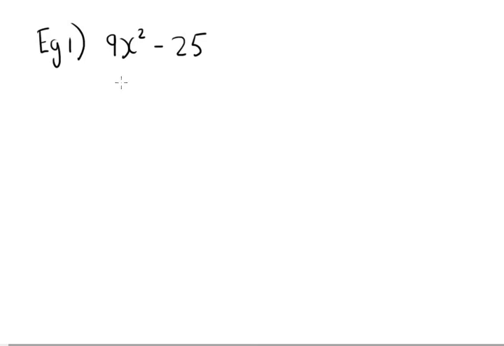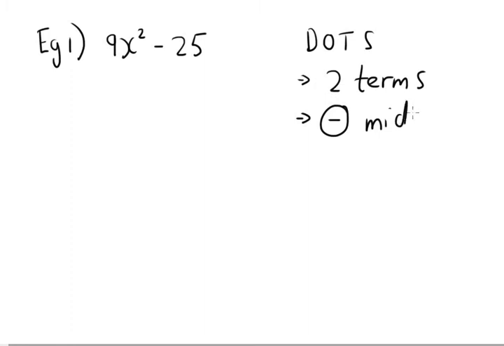So then we have to ask ourselves, according to the 3 criteria of DOTS, difference of 2 squares, what are those 3 criteria? There must be 2 terms. There must be a negative in the middle, and both terms must be perfect squares.